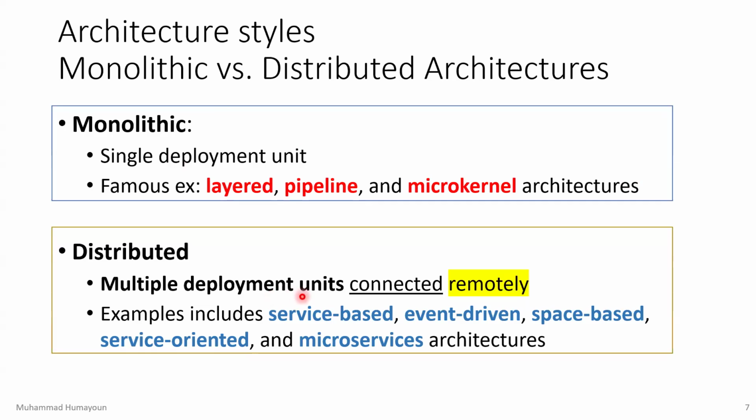So, different machines, different geolocations, and then you install those units separately. Examples of monolithic architectures are layered architecture, pipeline architecture, and microkernel architecture. Examples of distributed architectural styles are service-based architecture, event-driven architecture, space-based architecture, service-oriented architecture, and microservices architecture. We are going to look at all these architectural styles in this course.